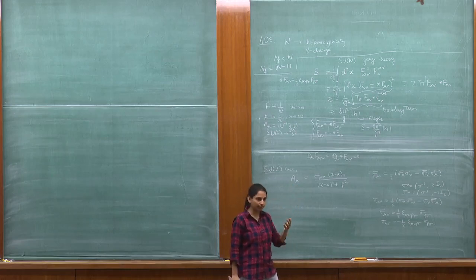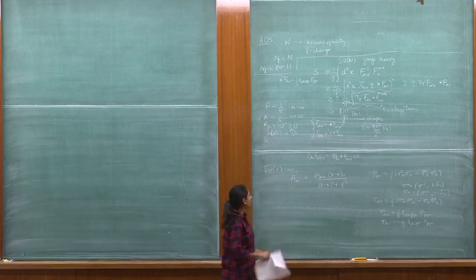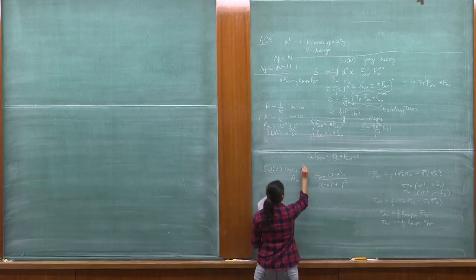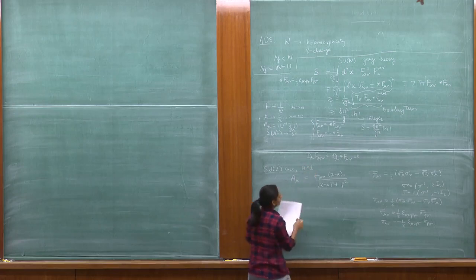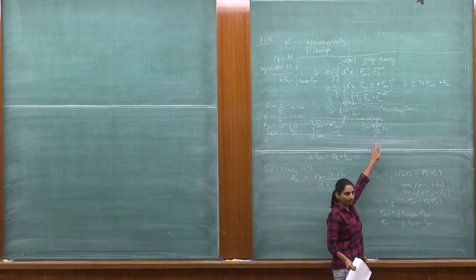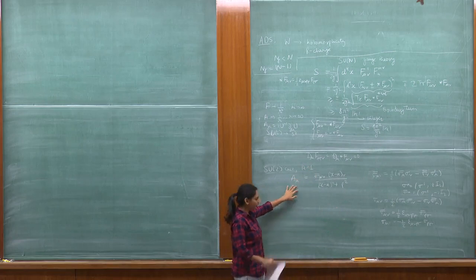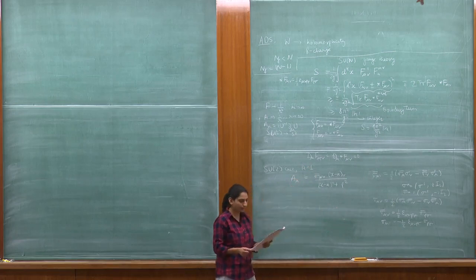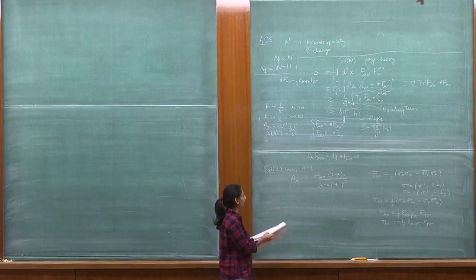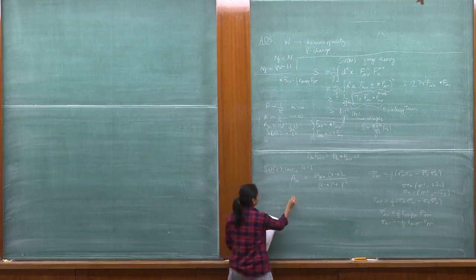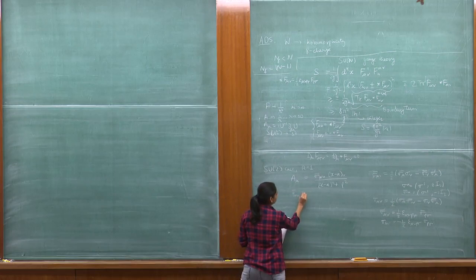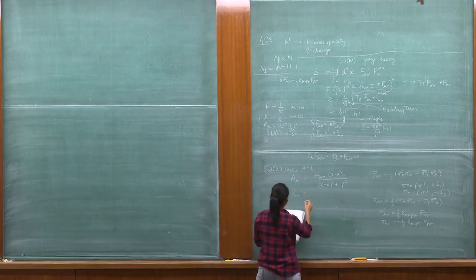Sorry, this is the SU2 case with k equal to 1. I am always looking at the instanton charge, which is 1. Given this A mu, one can find F mu nu, and it's easy to show using the properties of these sigmas that F mu nu is self-dual.